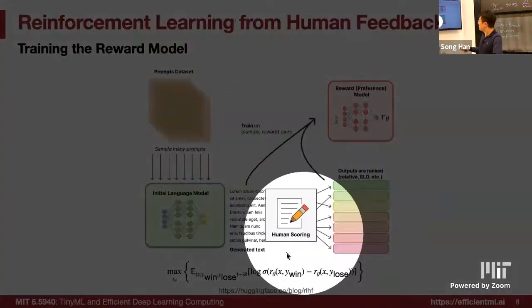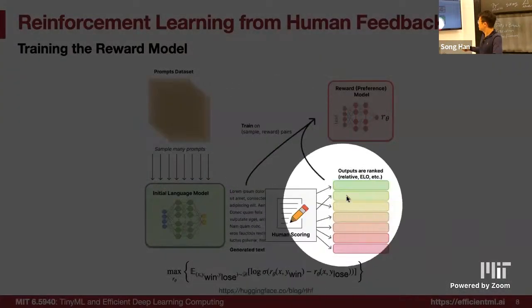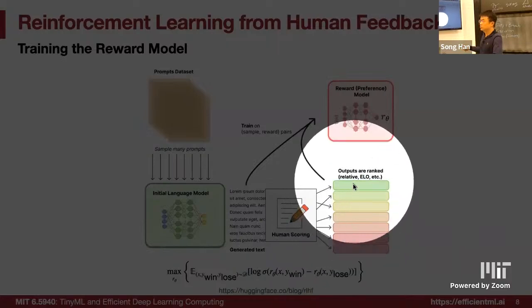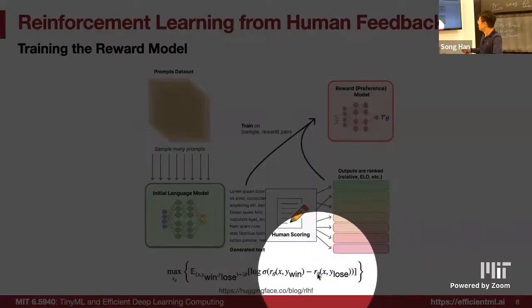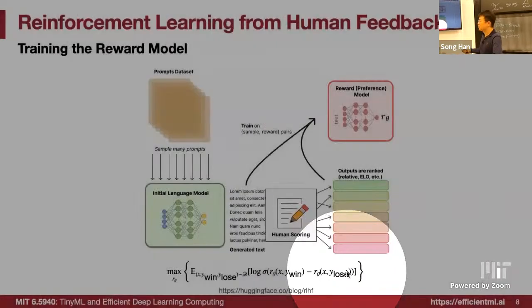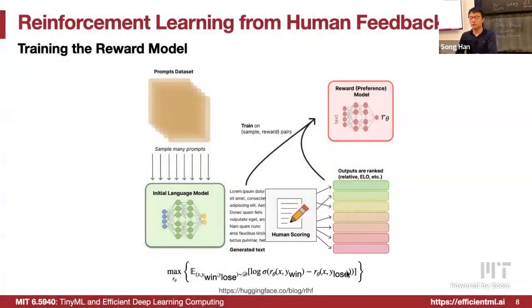In the loss function, we try to make sure that when we pick two samples, the winning sample's output score is as high as possible compared with the one that is losing. So every time we pick two samples, we make sure the winner wins over the loser by as large a margin as possible.